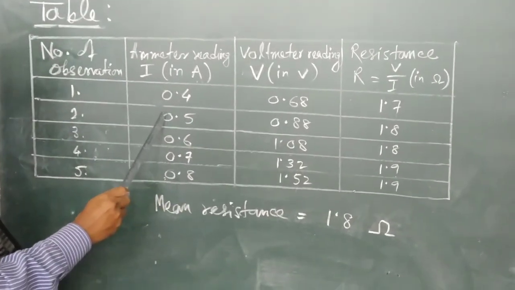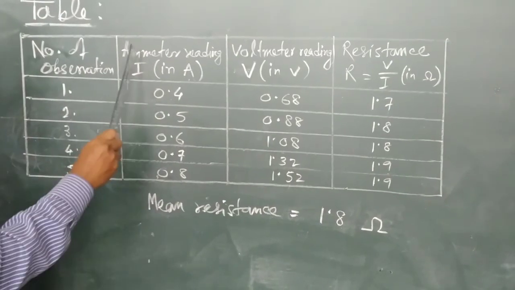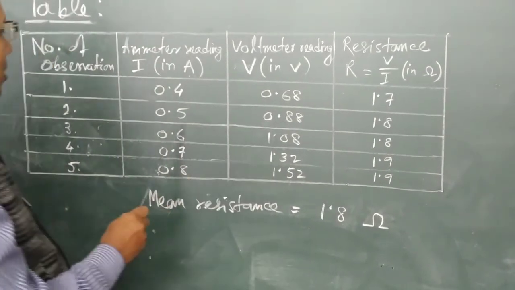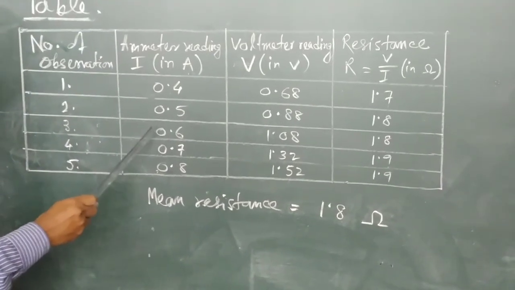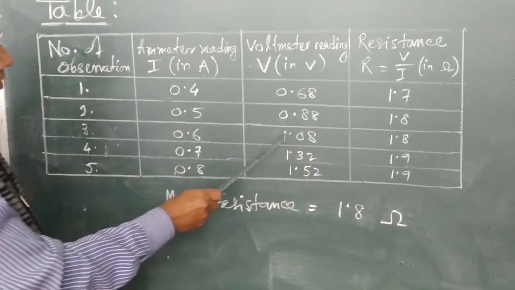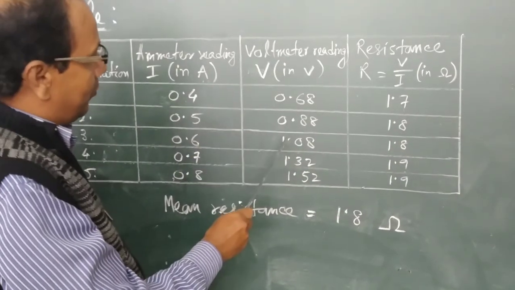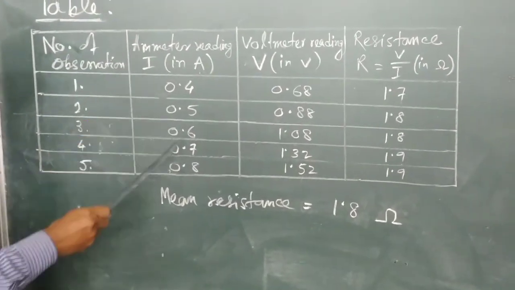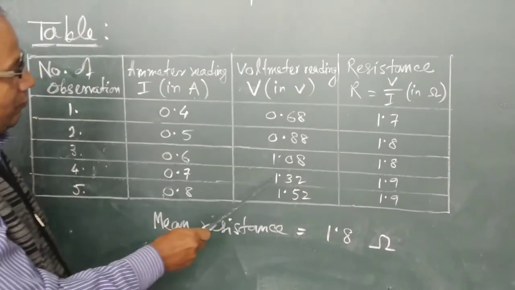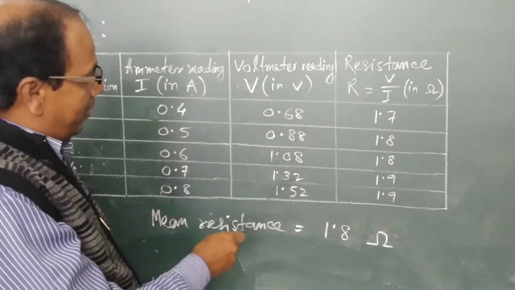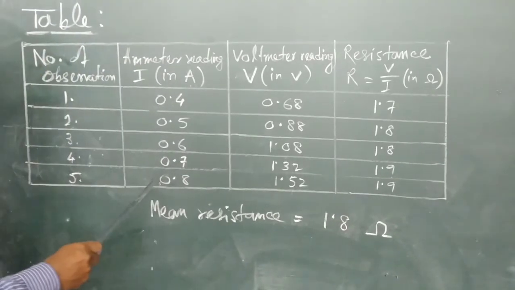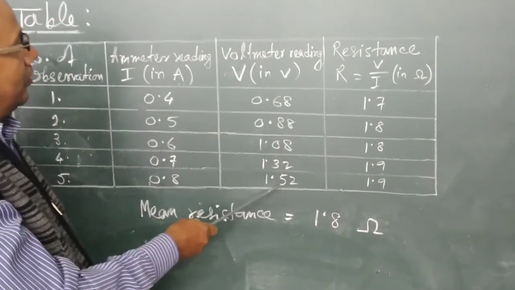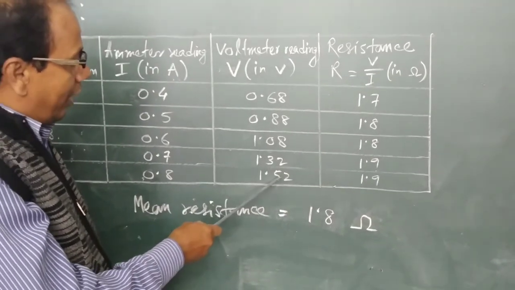When it is 0.5 ampere, the voltmeter reading is 0.88 volt. When the ammeter reading is 0.6 ampere, the voltmeter reading is 1.08. When it is 0.7 ampere, the voltmeter reading is 1.32. And the last reading for the ammeter is 0.8 ampere and for the voltmeter is 1.52.